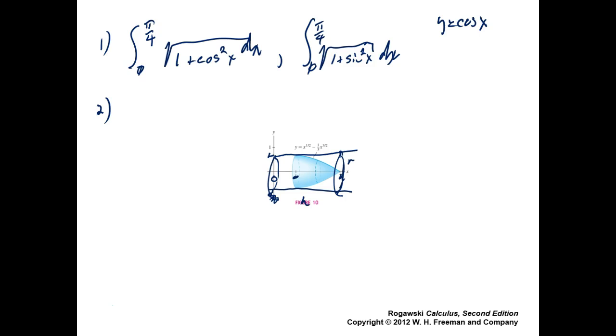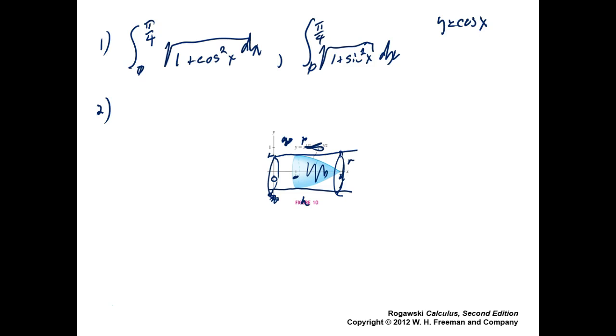Now, this is the line y is equal to r. Y is equal to r.